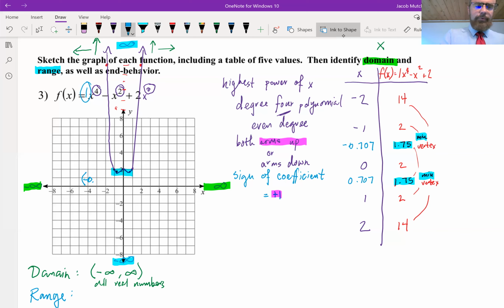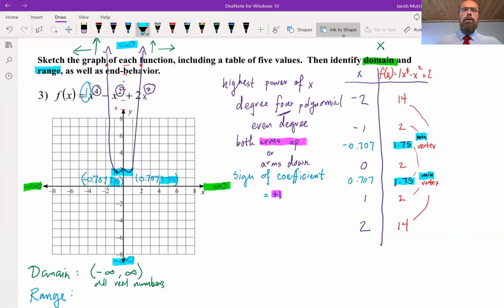And if I label those points, negative 0.707 comma 1.75, and then on the right, positive 0.707, 1.75, I see there's no other points on the graph that are lower than that y value of 1.75. So what I need to do is highlight that y value.